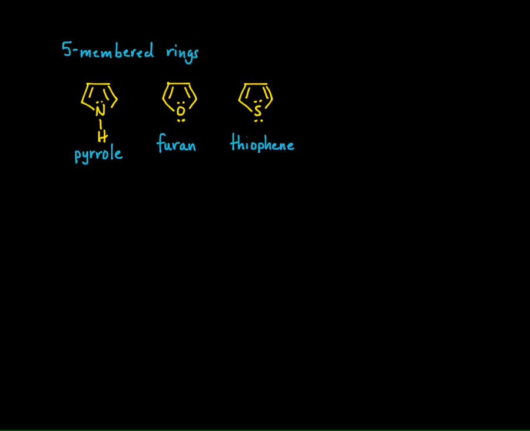And you might be asking yourself, well, how are they aromatic? Of course, in order to be aromatic, they have to satisfy all 4 of our rules. So let's take a look at pyrrole. In the case of pyrrole, I have 4 electrons from the pi system, the 2 double bonds, right?